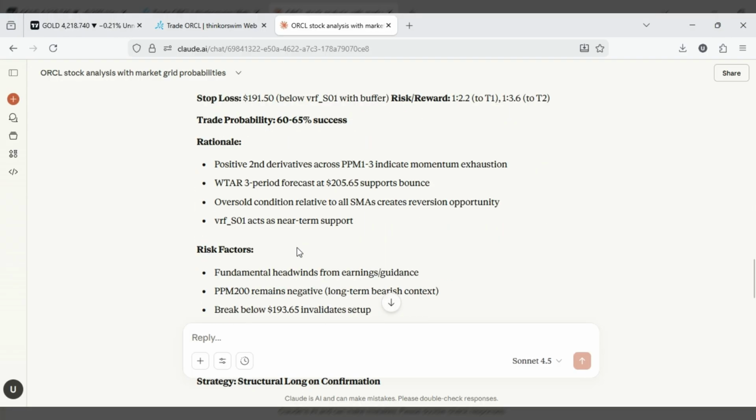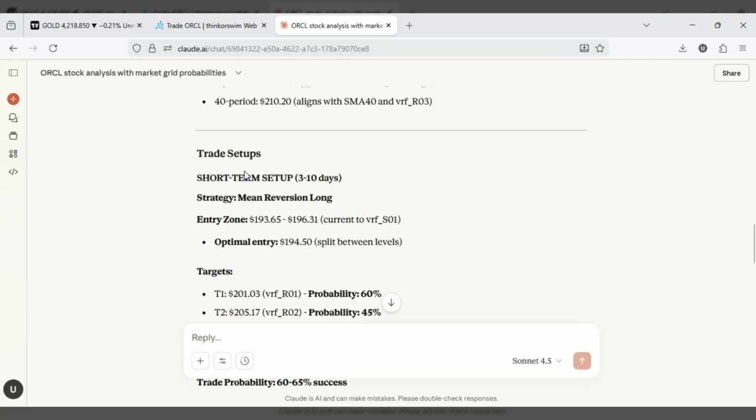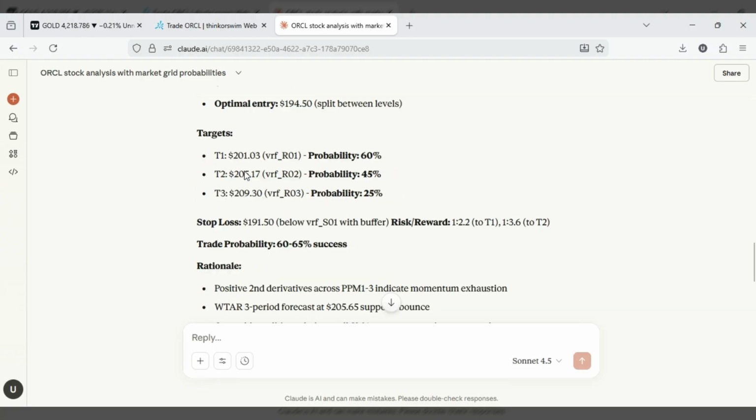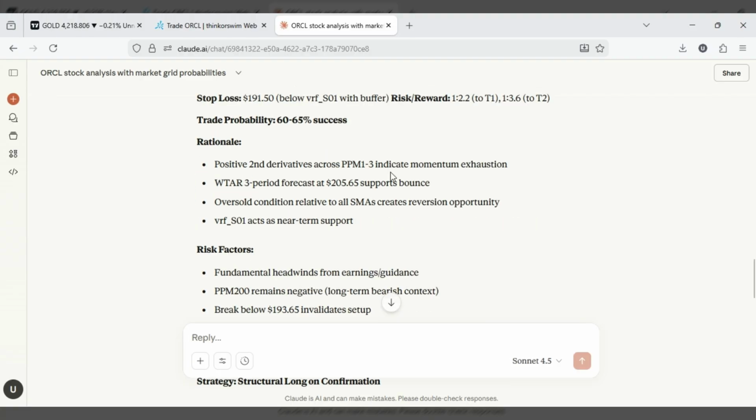So the rationale of that first trade setup, this is for short term, between 3 to 10 days. The rationale is that the second derivatives on the 10 to 21, 10 to 40 period moving averages are indicating momentum exhaustion.